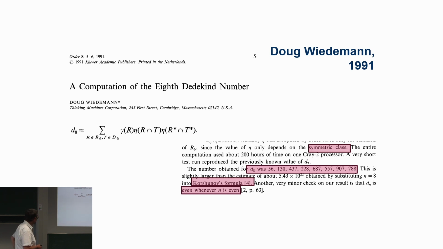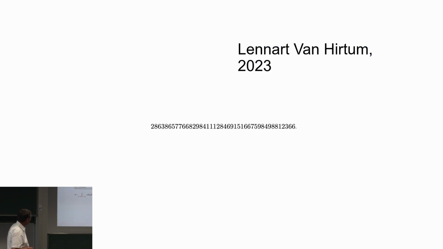So he is using symmetry as well, summing over R6 and D6. D6 is a full space, while R6 is the space of non-symmetric elements in this structure that we are counting. And I didn't tell you anything about the theory until now, so you cannot understand it. But okay, so this is a formula.